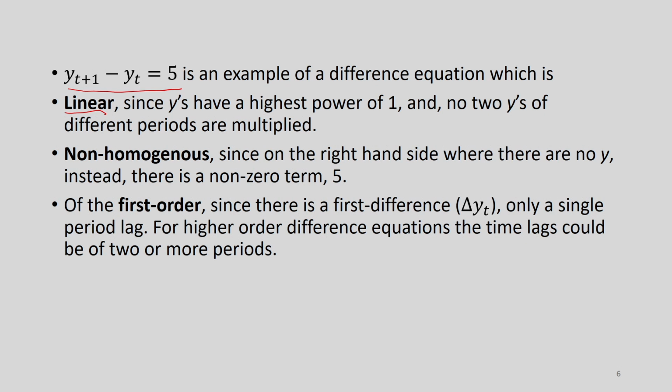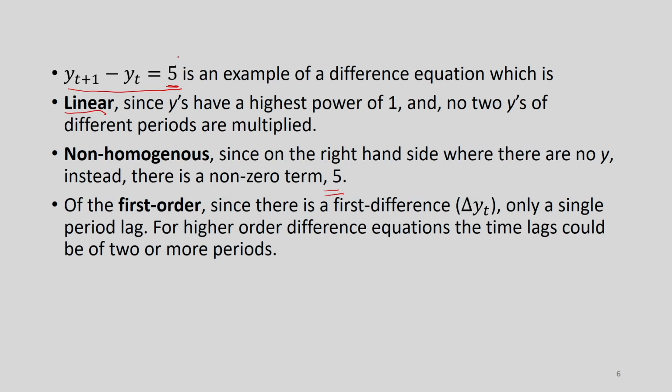The second comment about the typology of this difference equation is that it is a non-homogeneous difference equation, and the reason for that is that on the right hand side, that is here, where there are no y, what we have is a non-zero term 5.